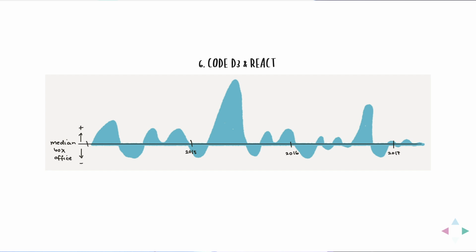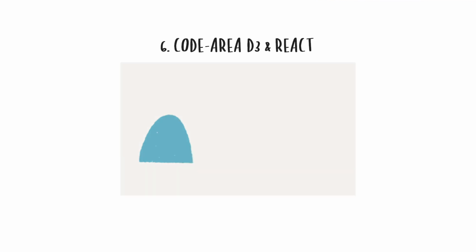At the base of it, this visualization is made up of these little curves, and we can make these curves with a D3 area generator. The way that D3 area works is that you can give it a series of points, and then it goes and draws a line between those points and then fills in the area underneath.